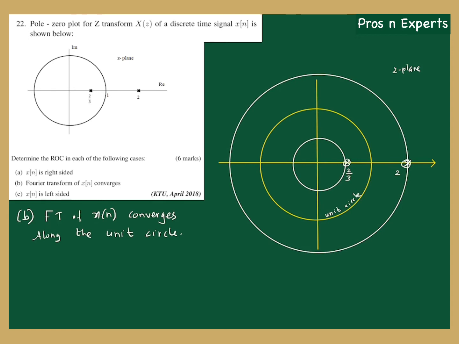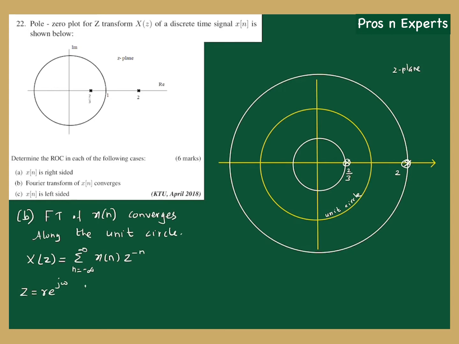Or else I can have a quick review, because the Z transform equation is sigma n equal to minus infinity to infinity x of n into z raised to minus n. And what is z? z is a complex number, r e raised to j omega in the polar form.